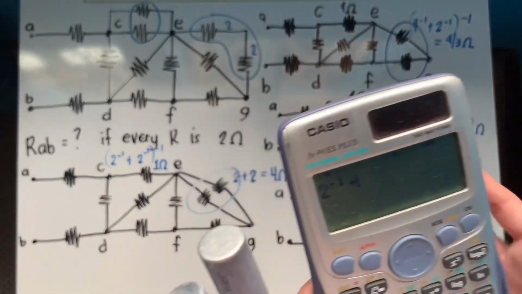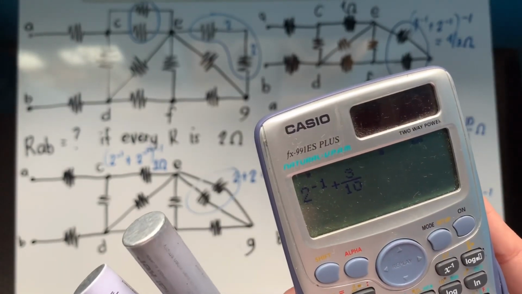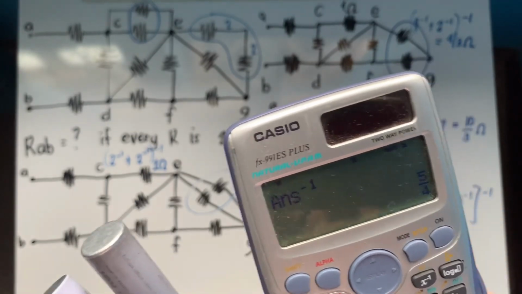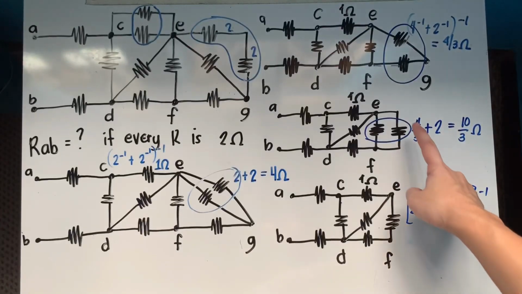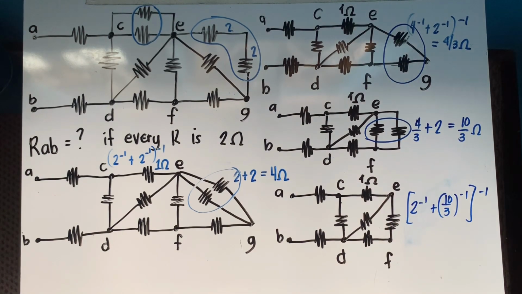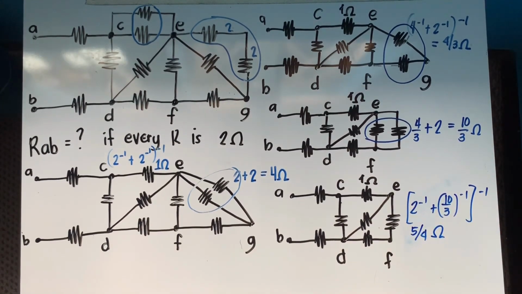I-reciprocal. So, pwedeng, kaya na mag-type ng 3/10. Reciprocal nyo na. Quantity inverse. 5/4. So, itong parallel combination pala na to, that's equivalent to 5/4. So, yun yung ipapalit ngayon natin dito. It's 5/4. This is 5/4 ohms. Okay?